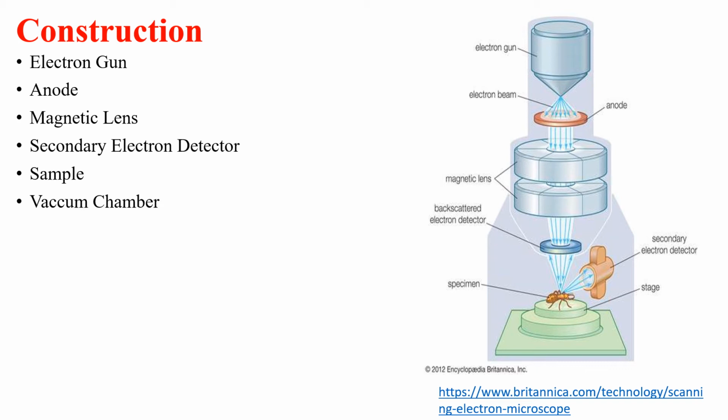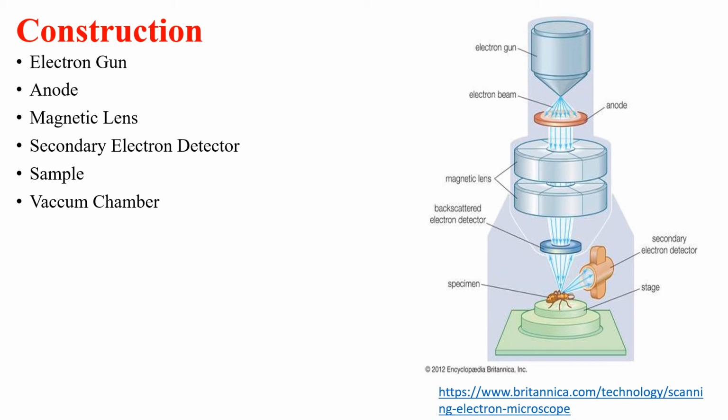Not only topography, but it gives various parameters like size, structure, compounds, atoms, etc. Whenever this SEM instrument is operated, it is operated in a vacuum chamber, because if there is no vacuum, the electron beam may react with air and scatter, and we will not get a good quality image. So because of this we use the vacuum chamber.